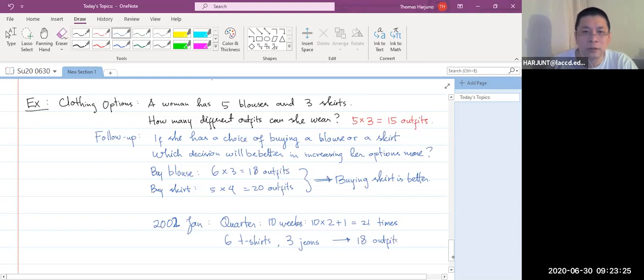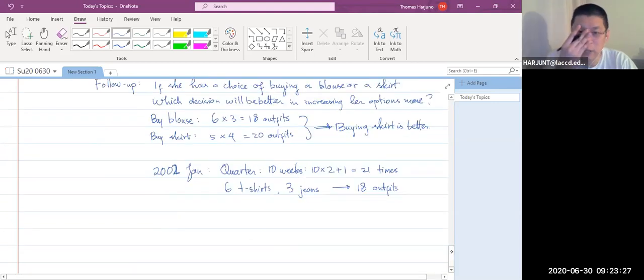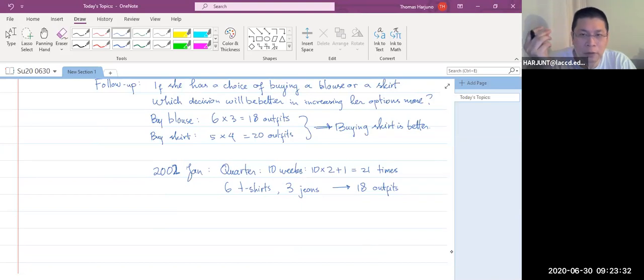Right? Of course, with that situation, I was thinking, oh, shoot, if I have only 18 outfits while I need to meet my students 21 times, I was so afraid that a student would one day pick up, oh, you wore this pair before. You wore this pair of t-shirt and jeans someday in the past. And for me, at that time, that's embarrassing. Now, of course, I don't feel embarrassed anymore.